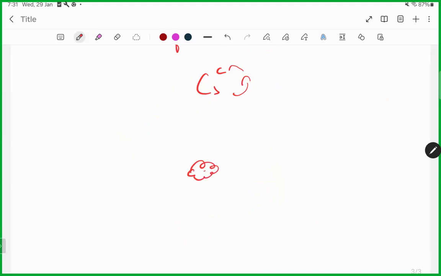So this area is the warm air, and this area is low pressure. And as I have said, low pressure attracts cool air there.